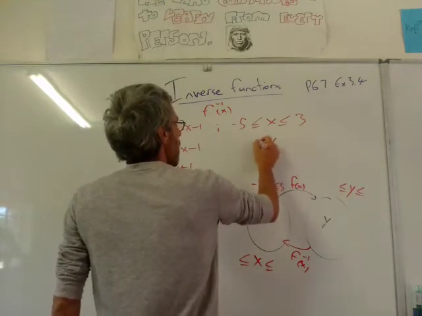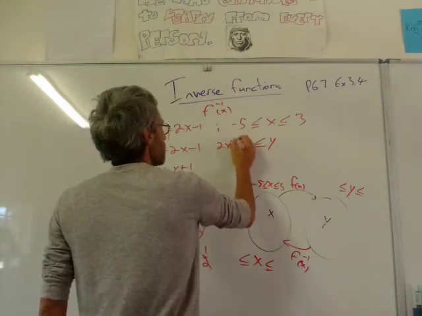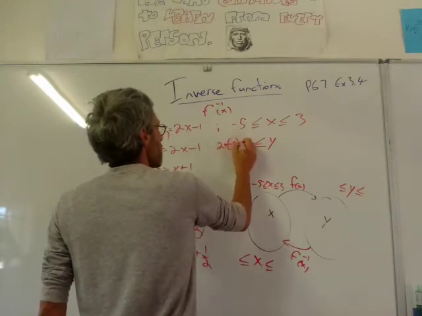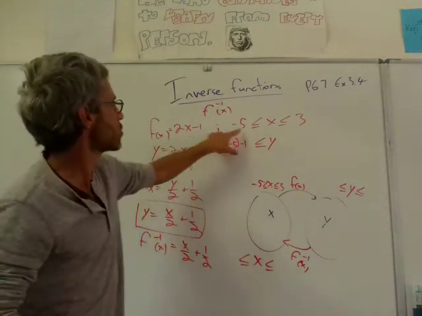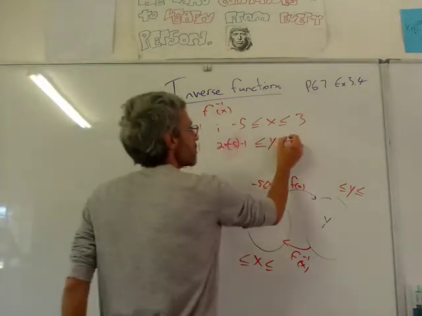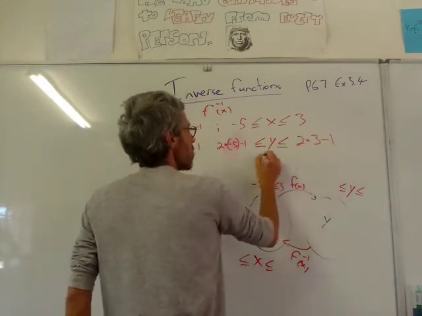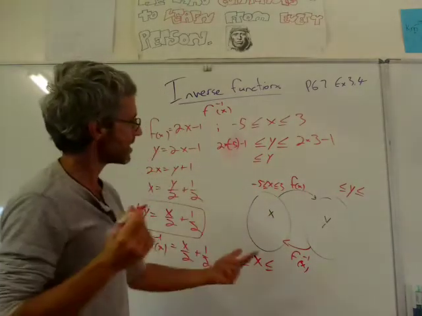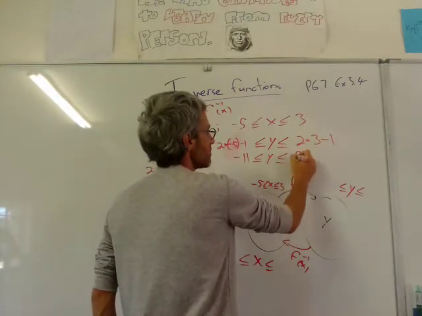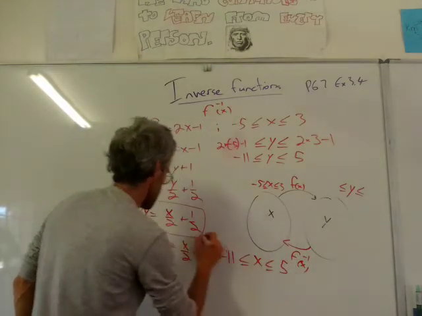So the y's are larger than or equal to 2 times minus 5 minus 1. All I did is substitute minus 5 instead of x. And it's going to be smaller than or equal to 2 times 3 minus 1. So y is going to be larger than or equal to minus 10 minus 1, which is minus 11, and smaller than or equal to 2 times 3 minus 1, which is 5.